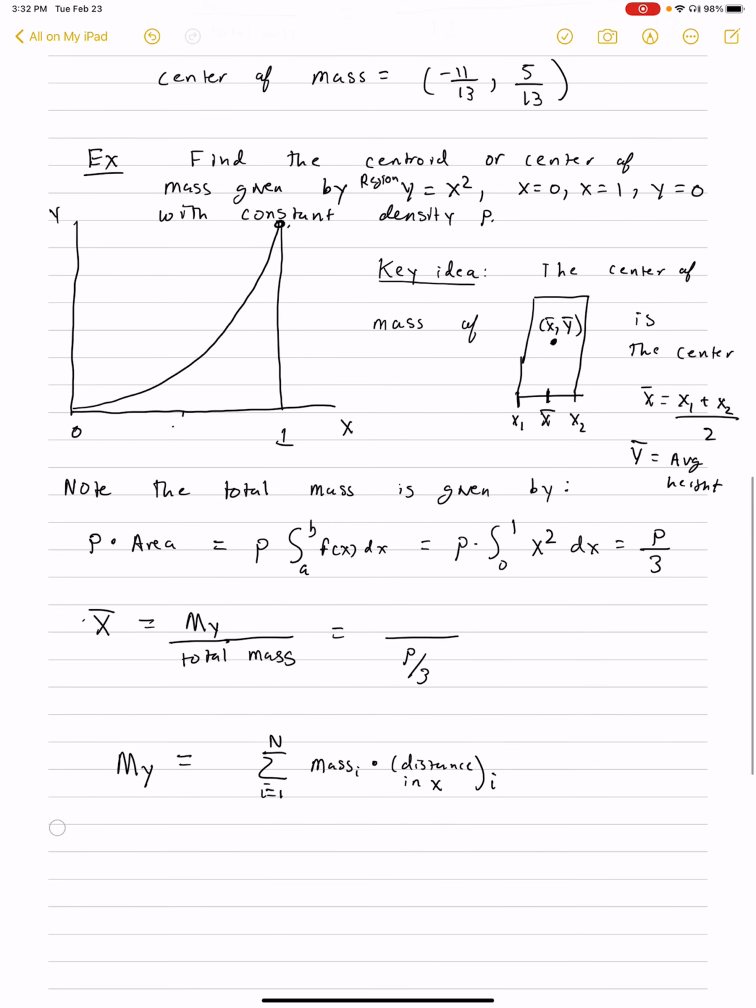So what I'm going to do here is divide up the x-axis. Here's going to be x sub i and x sub i minus 1. Then I'm going to take the average, which is going to be right there. And I'm going to inscribe a rectangle. A shocker, I know.